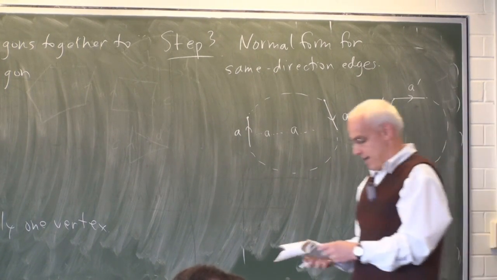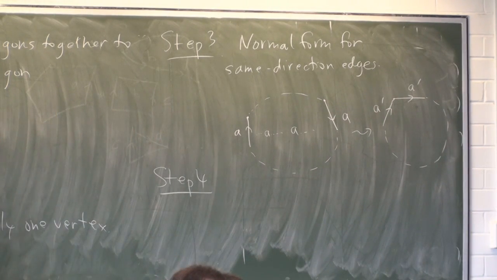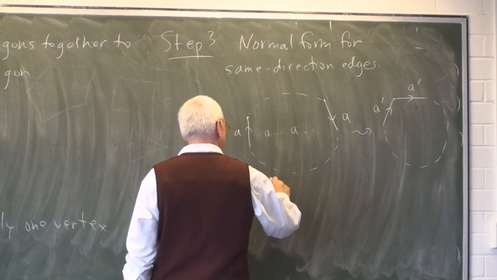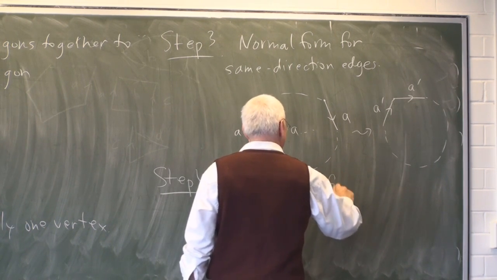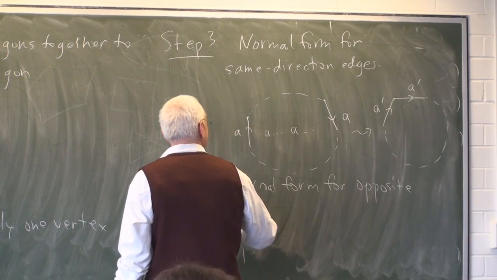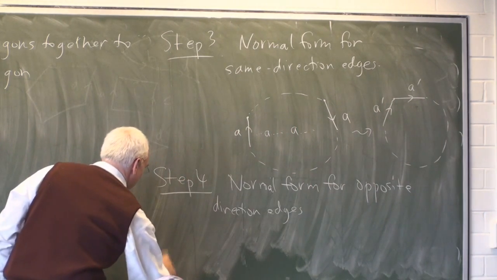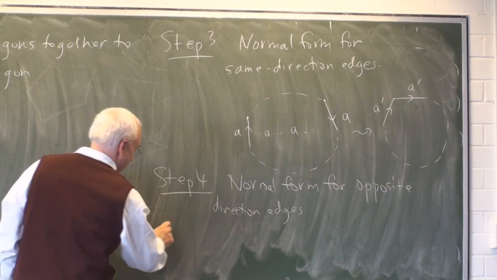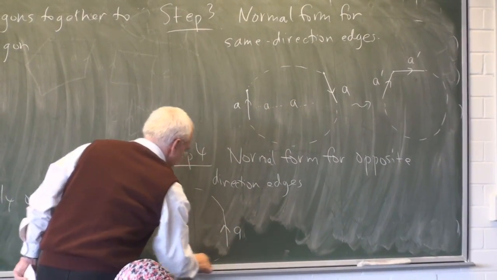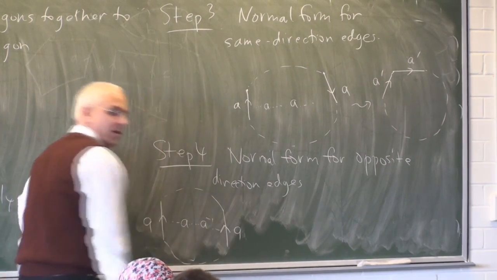Okay. And then we're going to have a look at the opposite direction edges. Step 4, so to get a normal form for opposite direction edges. In other words, we're going to look for situations where we have an edge A, and then over here, the other A that appears is in the opposite direction. So there's a situation where we have a letter A appearing and another A inverse appearing.